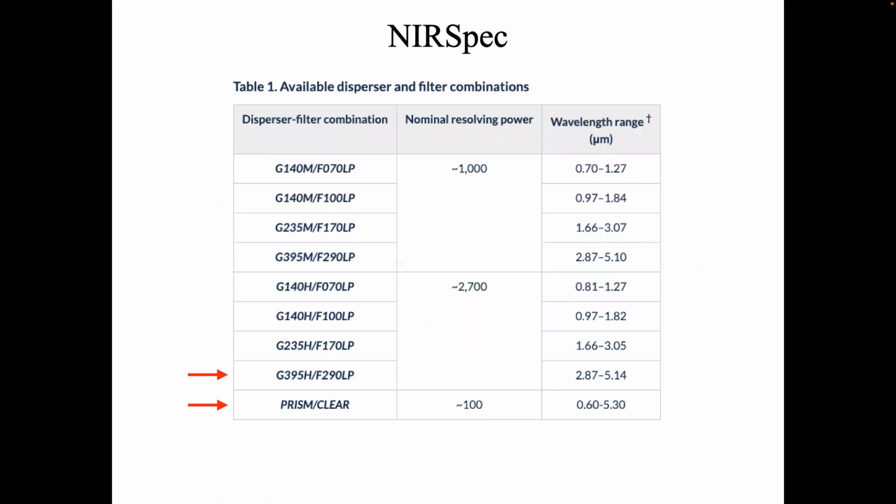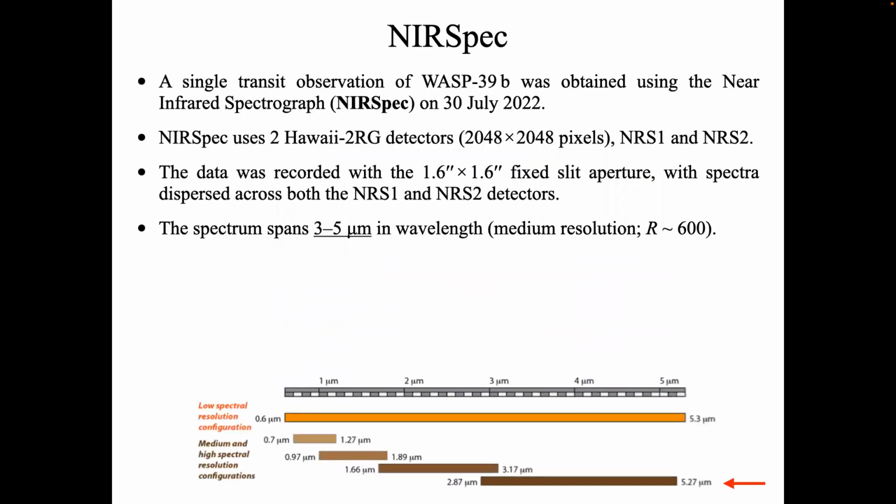We used NIRSpec in two combinations, clear and using this dispersed filter combination. So we observed one transit in the full wavelength range of the instrument, and the second transit in the range between 2.8 and 5 micron. NIRSpec has two detectors.